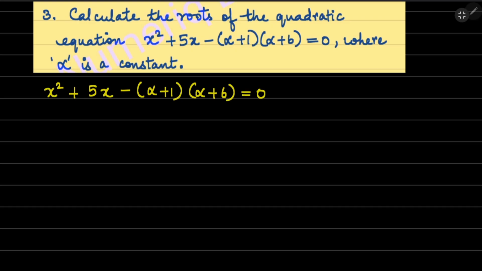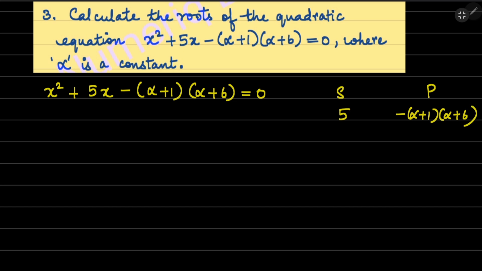Right? So it's already in a factorized form. So let us write our sum and the product. So the sum is nothing but plus 5, that is the coefficient of x, and the product is nothing but a into c. A is 1 and this is the value of c. So let me write it here: minus alpha plus 1 into alpha plus 6.